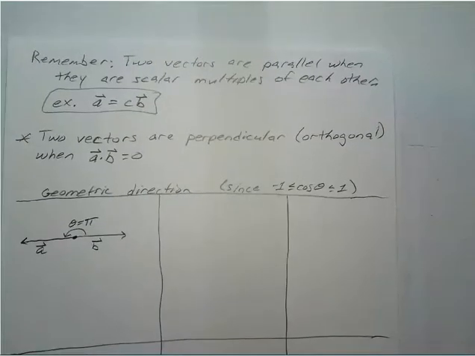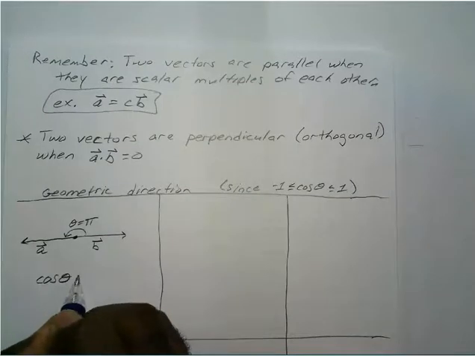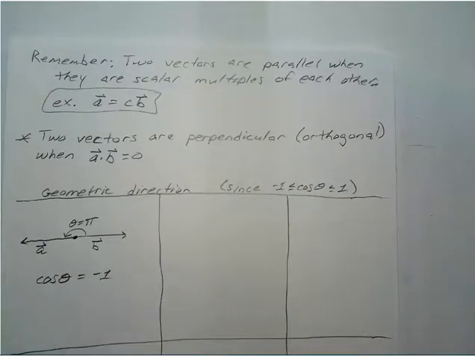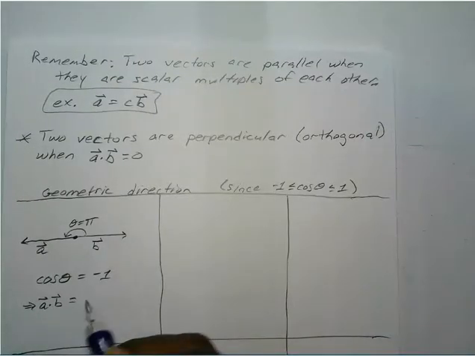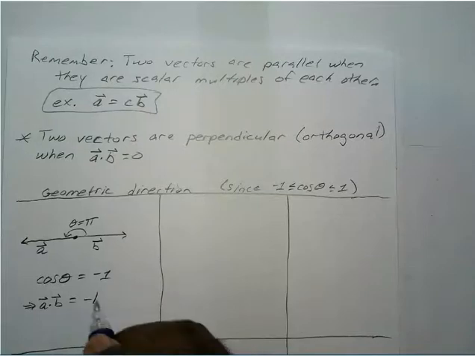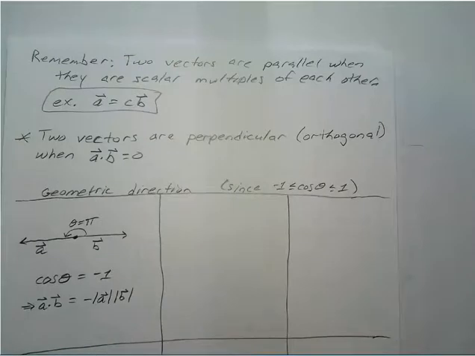So for theta to equal pi, if you look at your unit circle, cosine of theta will have to equal -1. Okay, so that means your dot product of A and B would have to equal the negative of the magnitude of A times the magnitude of B. Okay, so that's if we have a straight line.